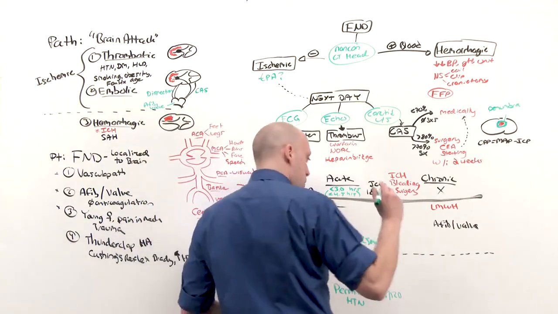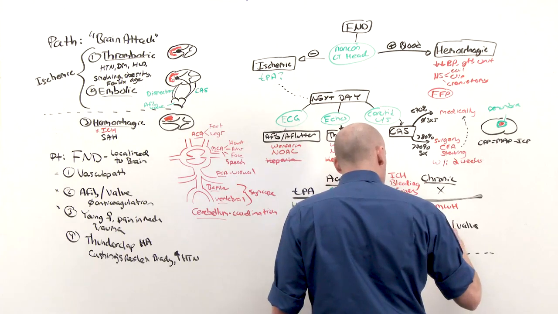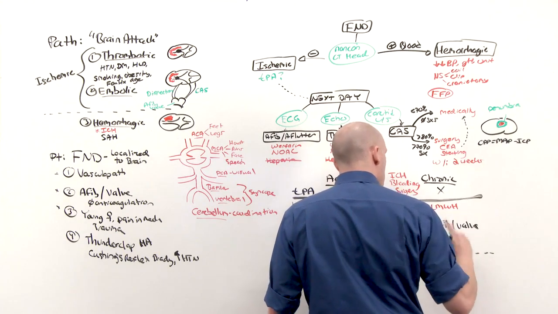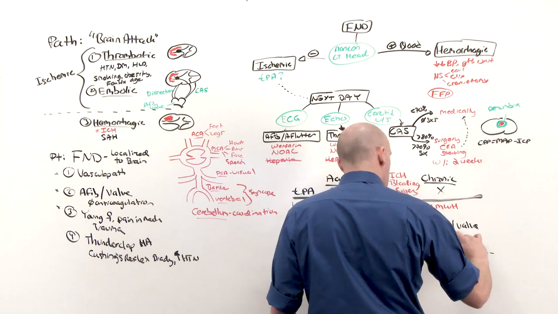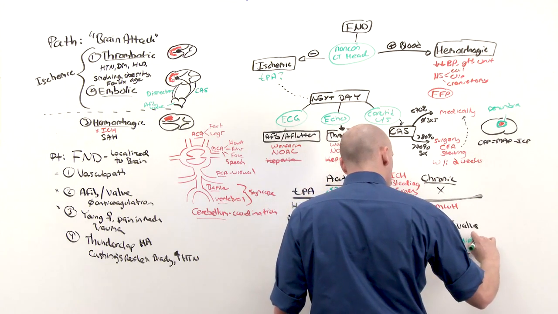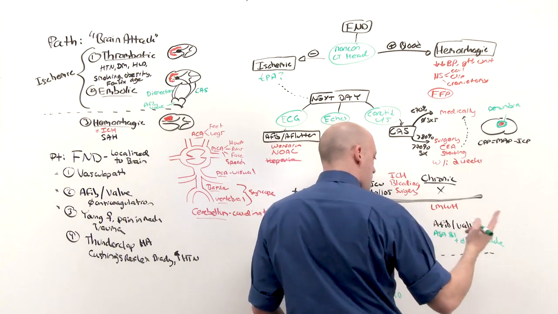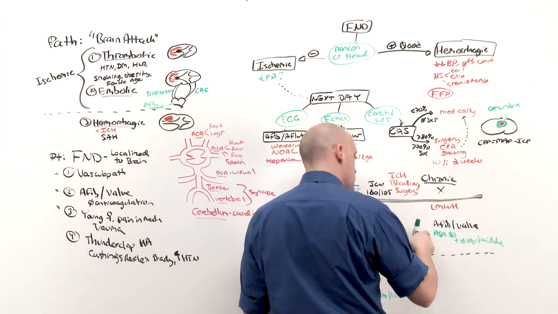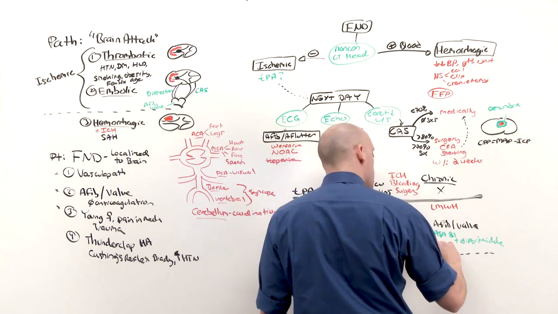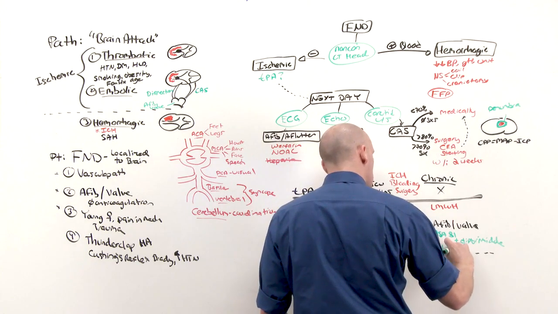Antiplatelets: the tradition has been to give aspirin 81 daily. If you fail aspirin, add dipyridamole. That's Aggrenox. And now people are saying we should maybe add clopidogrel. Well, the tradition has been if aspirin fails or is not tolerated, switch to clopidogrel.